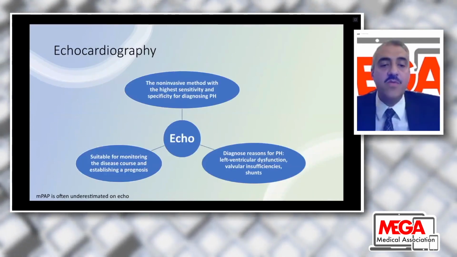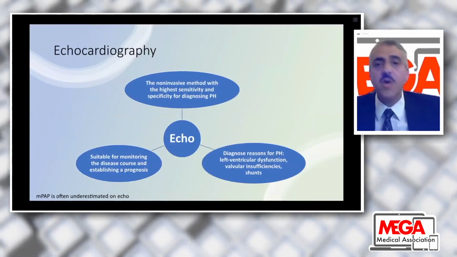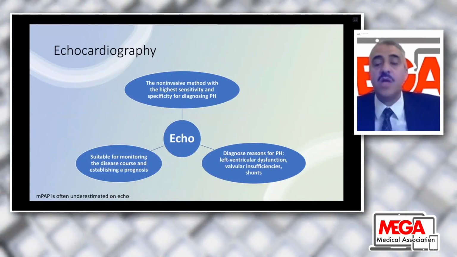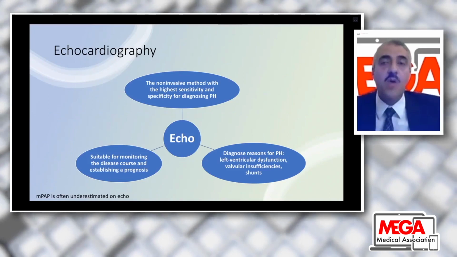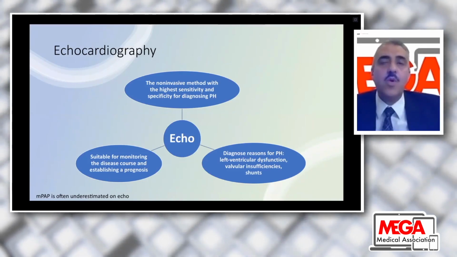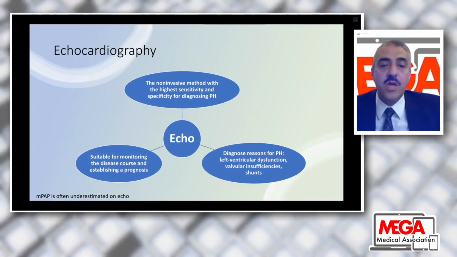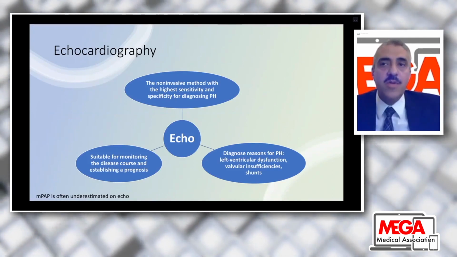Echo is very important for these patients. Echo is the non-invasive method with the highest sensitivity and specificity for diagnosing pulmonary hypertension. Echo can also accompany our whole journey before the OR, inside the OR with TEE, and postoperatively in the ICU.